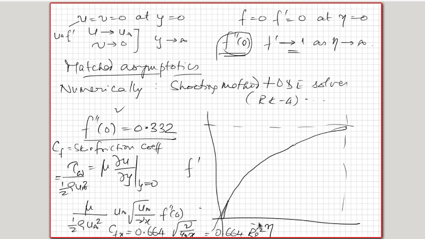So that multiplied by 0.664 is a constant that we have got by solving it numerically. Okay, so that is the fluid mechanics result for this problem.